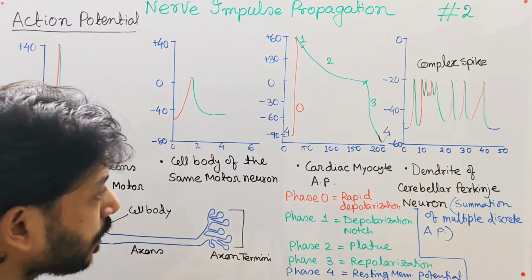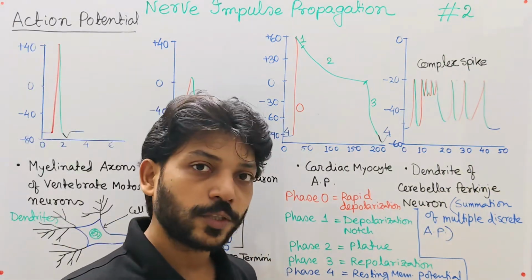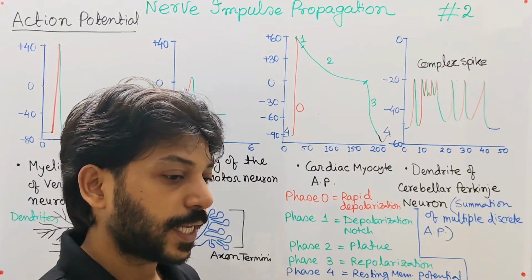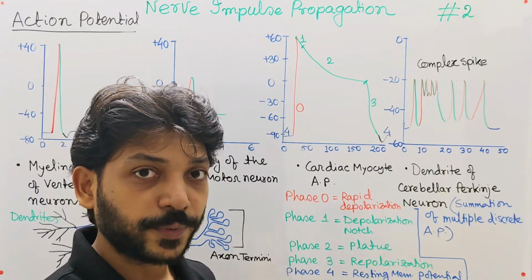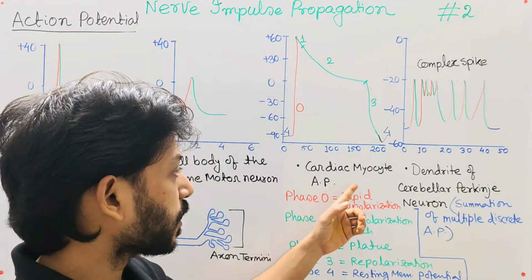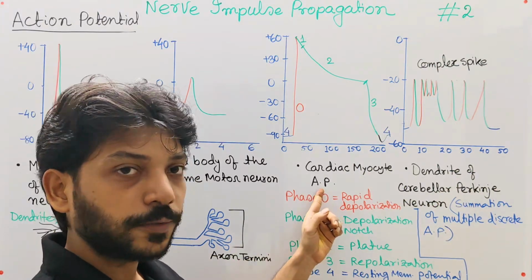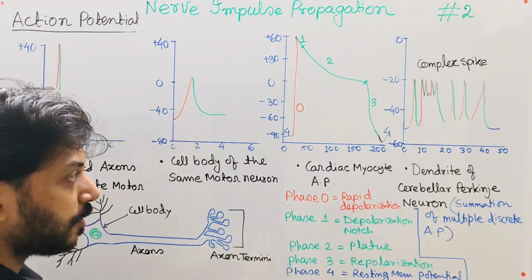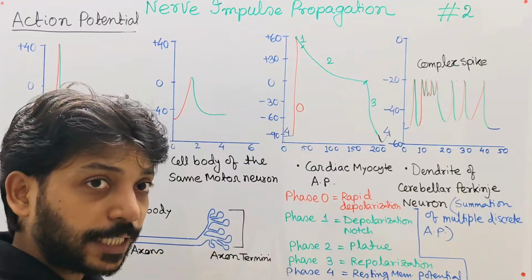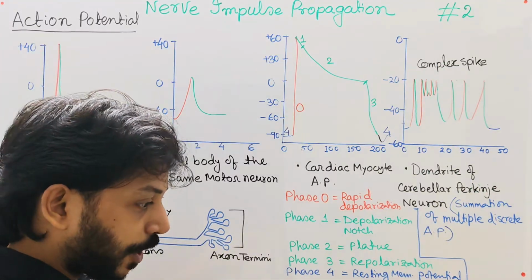Now let's take some examples of other cells like cardiac myocytes, that means heart muscles. In the heart muscle there also action potential occurs, but if you see the graph you will get a different type of phases.